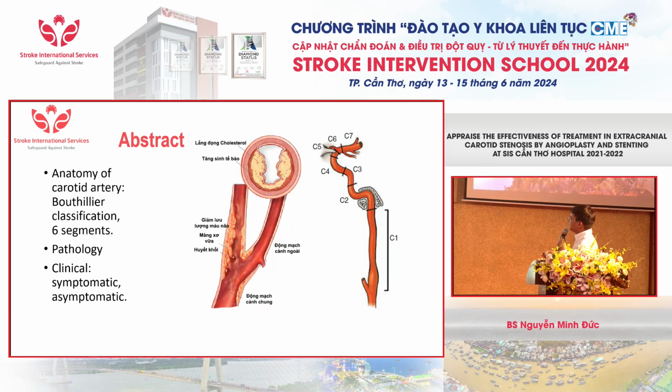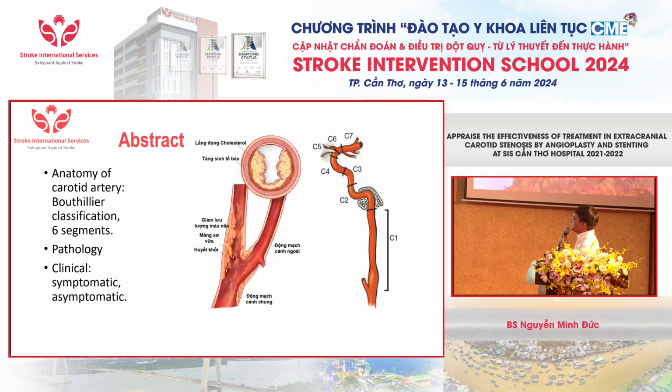So, this is the lesion of carotid stenosis. We can say that the lesion is too narrow because of the lipid layer.